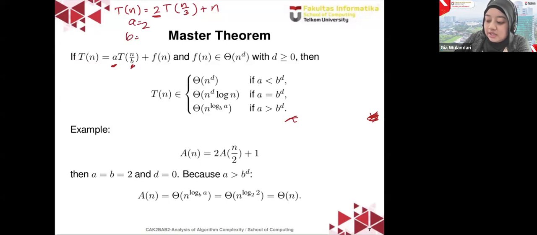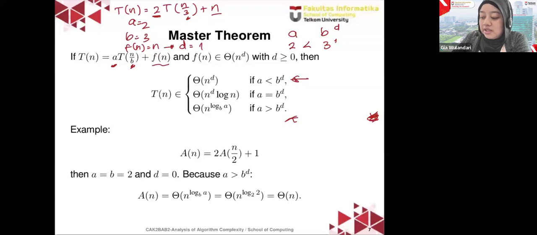B is what we have here, which means we have 3. And Fn is the function we have here, which is n, which means the degree is 1. And if we compare A and B to D, which means we have 2 and also 3 to 1, the relation is less. So we will have the first function. It means Tn is in big theta n to d, which is 1. So it is in big theta 1, like that.